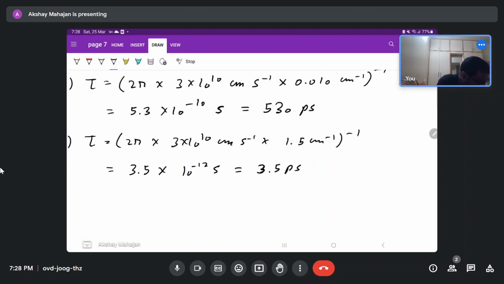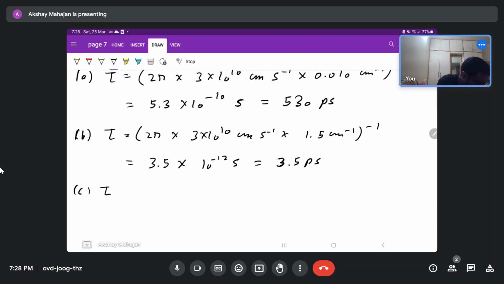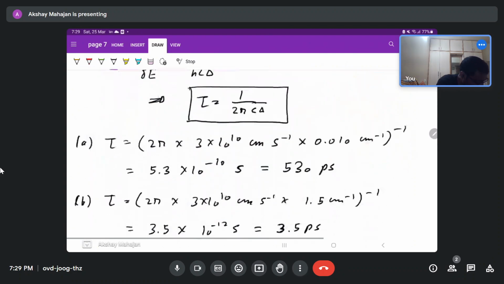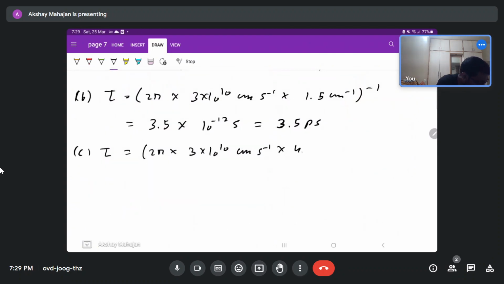For part C, delta is 40 centimeter inverse, and that gives about 1.3 into 10 to the power minus 13 seconds.